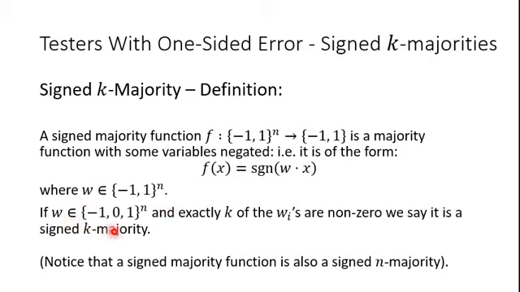Now, if w is taken from {-1,0,1}^n, and exactly k of the w_i's are non-zero, we say it is a signed k majority. Now notice that this means that a signed majority function is also a signed n majority, because it has -1, 1 for all of its n variables.